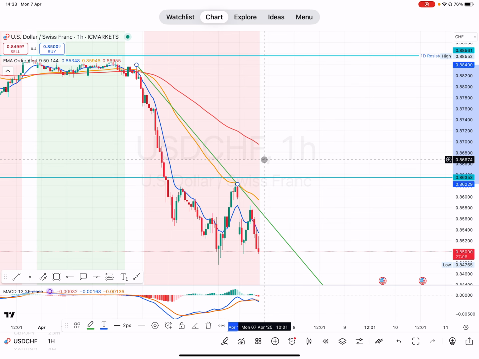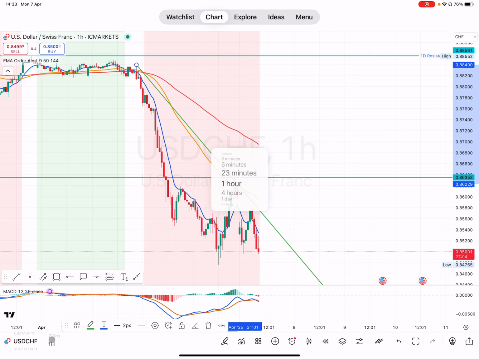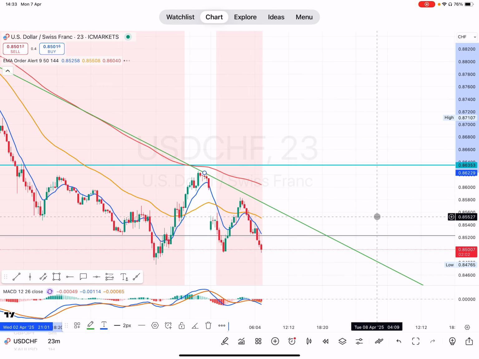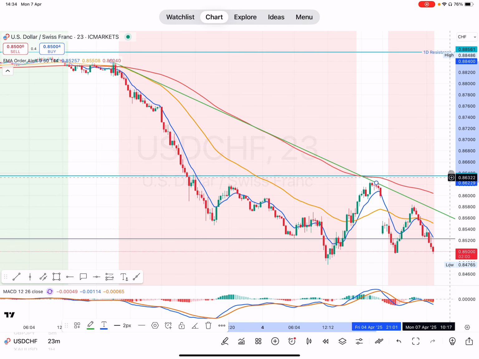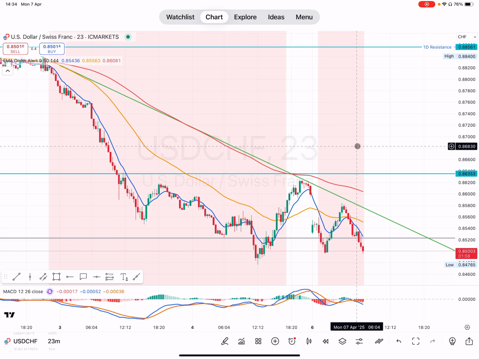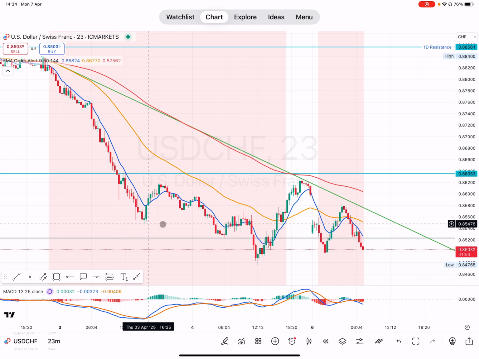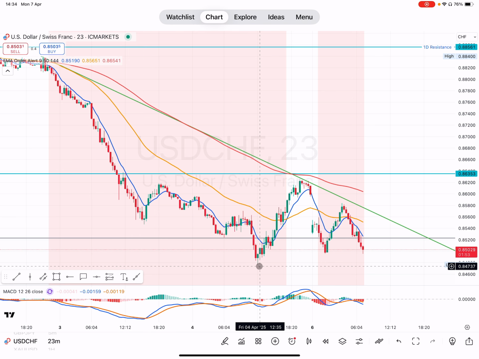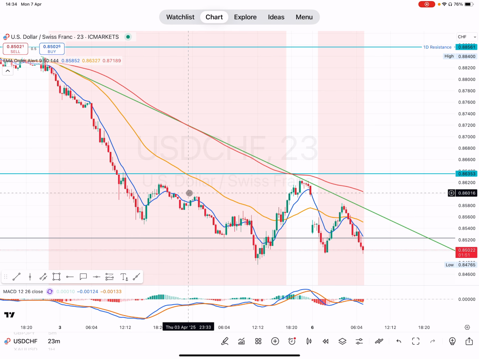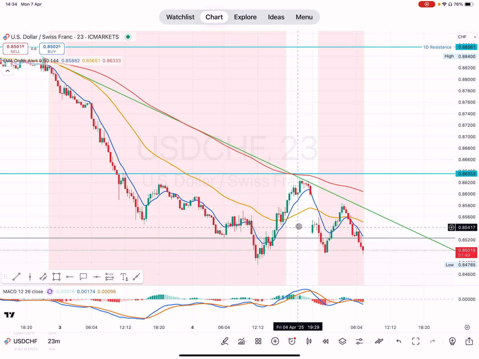So yeah, coming down to the 23-minute, this is what we're looking at. So we can see lower lows, lower lows, lower lows, lower highs, lower highs, lower highs.